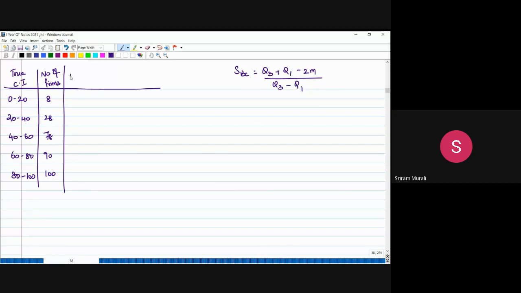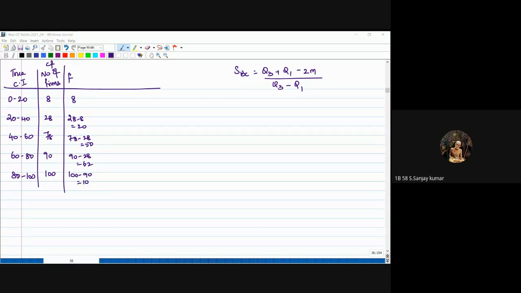So first we have to find, this is in ascending order, so this is CF, so I find F. If it is F, I mean 8, this is 28 minus 8, 20. This is 78 minus 28, 50. It is 90 minus 28, how much? 62. Yes sir. This 100 minus 90 will be 10.